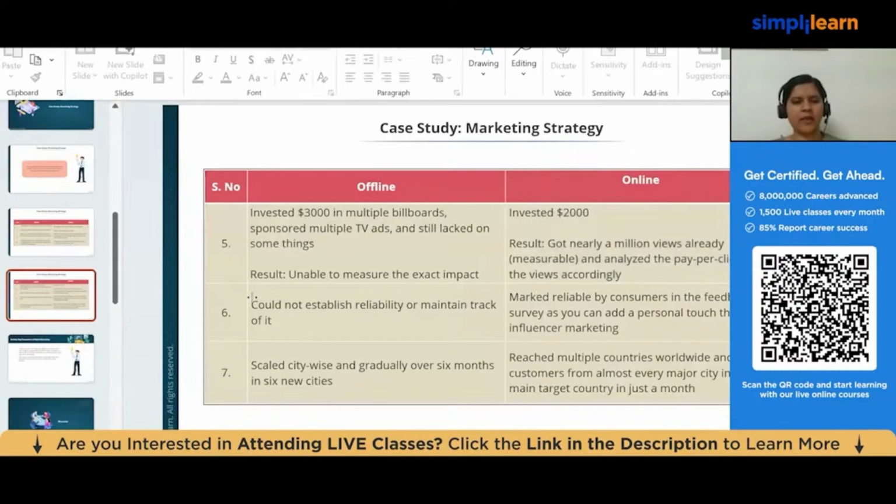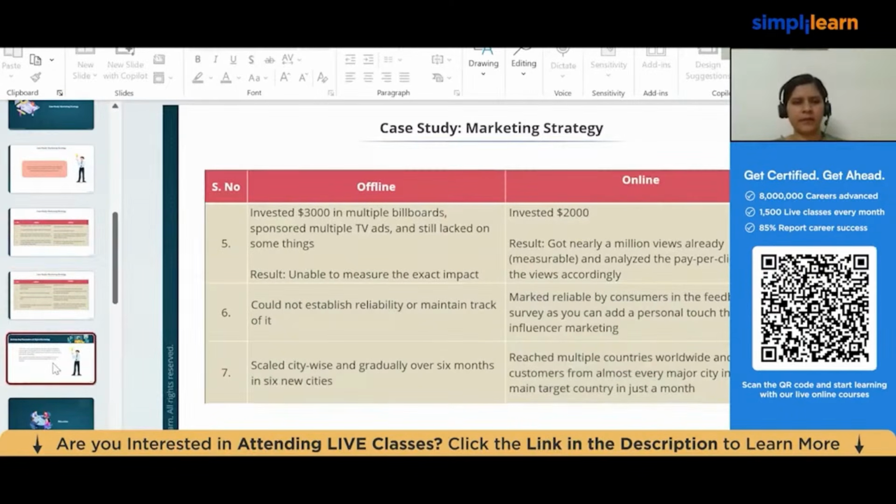With offline they could not establish reliability or keep track of it, whereas here they were able to market by getting feedback from the consumer. Lastly, they scaled city-wise gradually over 6 months in six new cities. Here they can reach multiple countries worldwide, because, as I showed you last time on Meta, we can do location targeting.